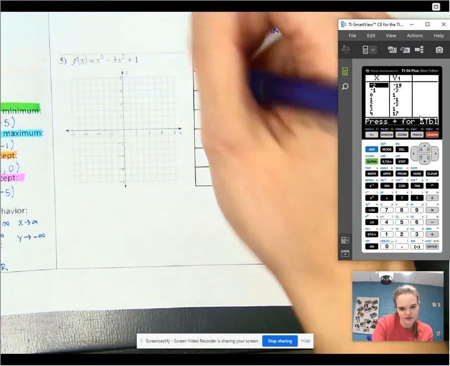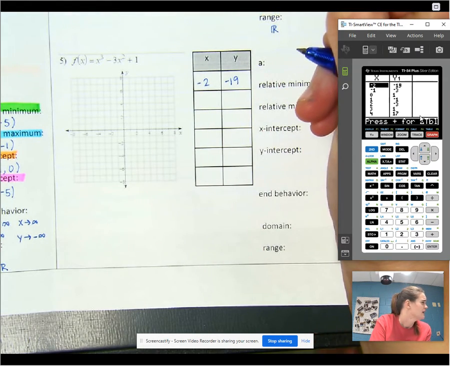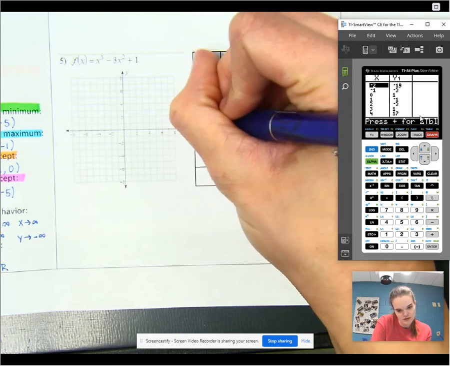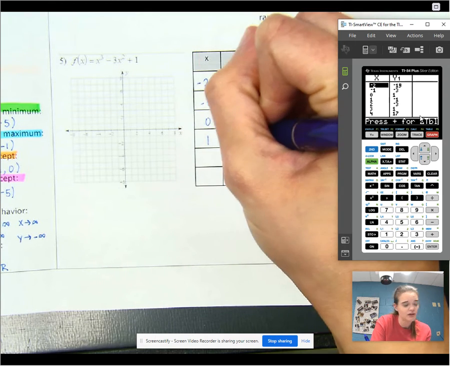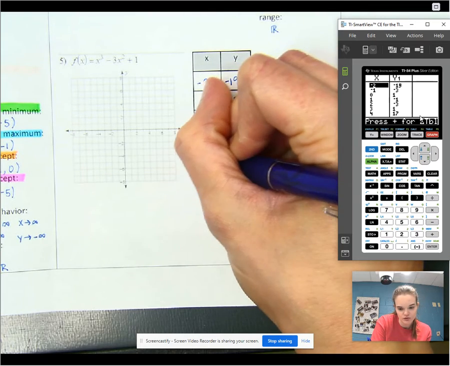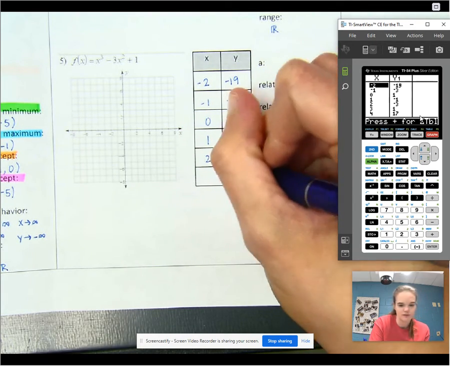Negative 2, negative 19, again, we probably won't be able to graph that one. Negative 1, negative 3, 0, 1, 1, negative 1, 2, negative 3, and 3, 1.